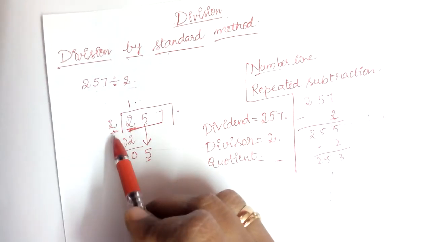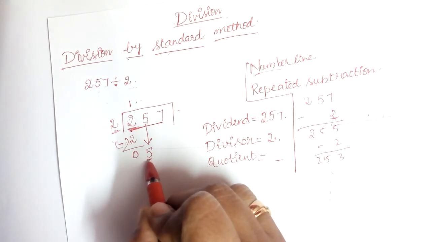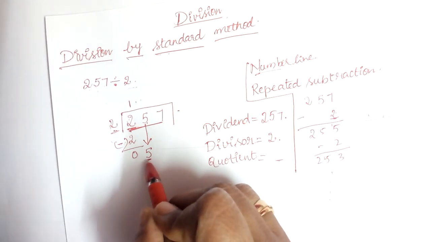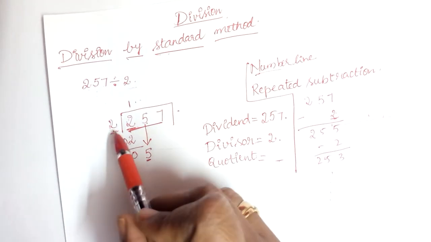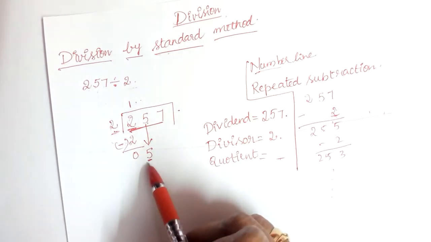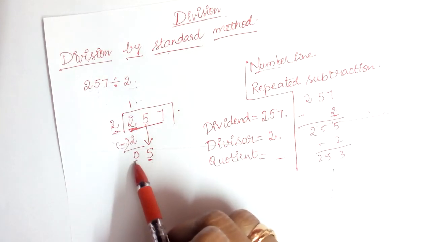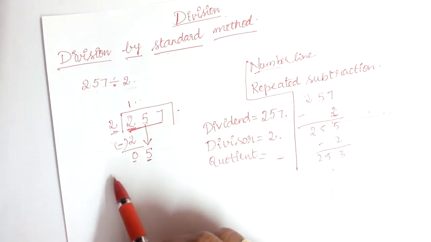Okay, so we have to check a number exactly equal to 5 or smaller than 5. See, in 2's table, 2 ones are 2, 2 twos are 4, 2 threes are 6. We cannot subtract 6 from 5, no? We don't have anything to borrow also, and that is totally different.